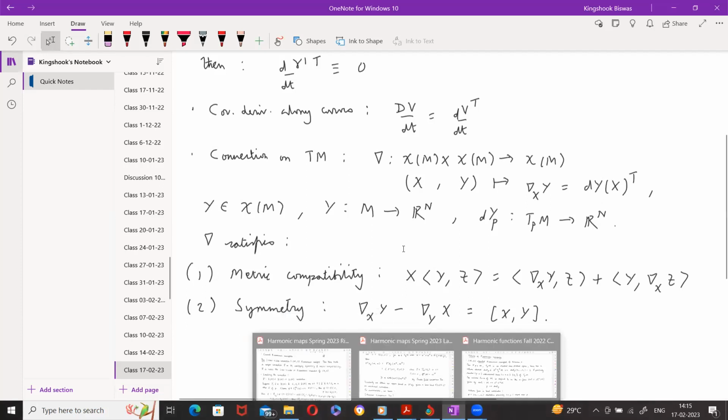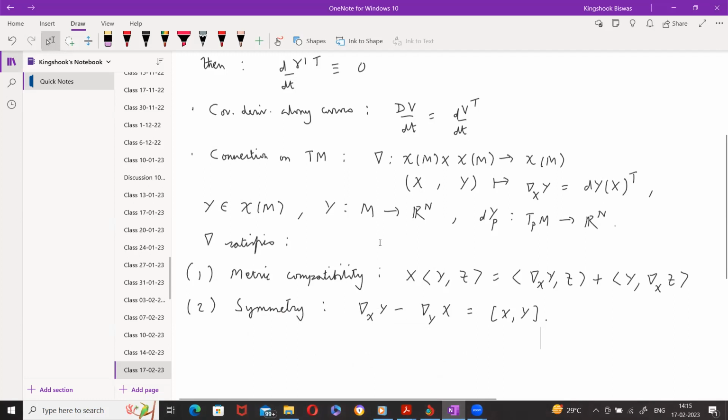So I should mention, in fact, it's a famous theorem of Nash. Well, there are two theorems. One is the C^1 isometric embedding theorem, and then there is the C infinity isometric embedding theorem.